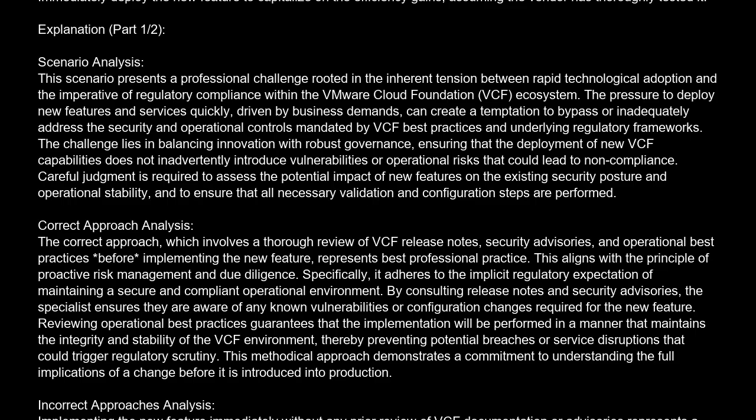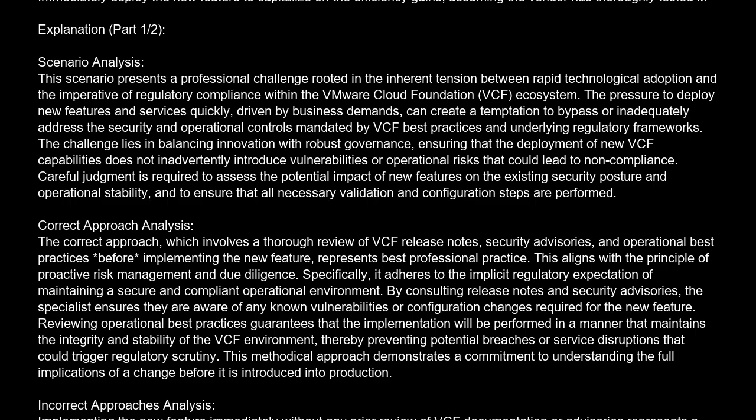Correct approach analysis. The correct approach, which involves a thorough review of VCF release notes, security advisories, and operational best practices before implementing the new feature, represents best professional practice. This aligns with the principle of proactive risk management and due diligence. Specifically, it adheres to the implicit regulatory expectation of maintaining a secure and compliant operational environment.